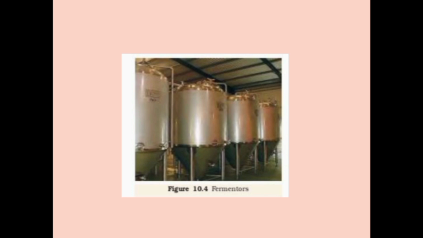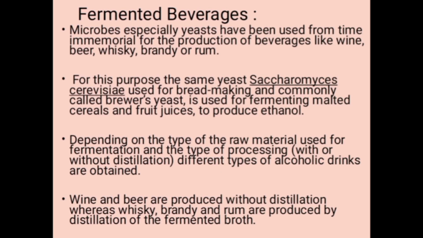Now we will move on to fermented beverages. Yeasts are used for the production of beverages like wine, beer, whiskey, brandy, or rum. The yeast Saccharomyces cerevisiae is used for fermenting malted cereals and fruit juices to produce ethanol.